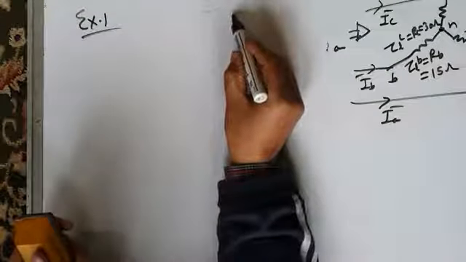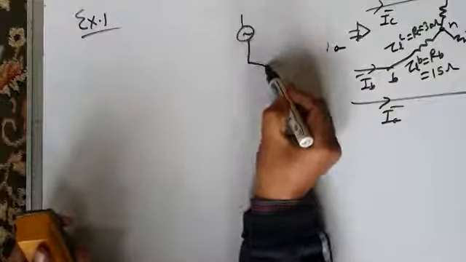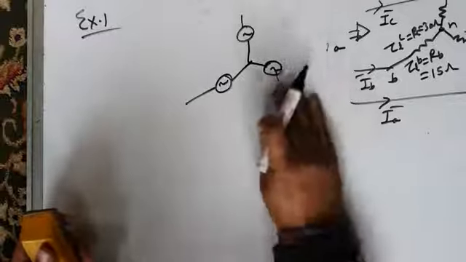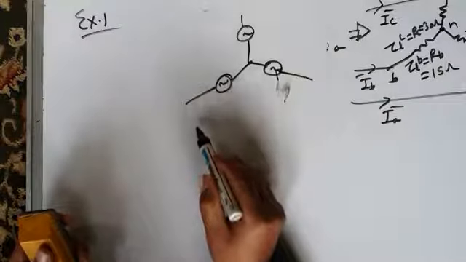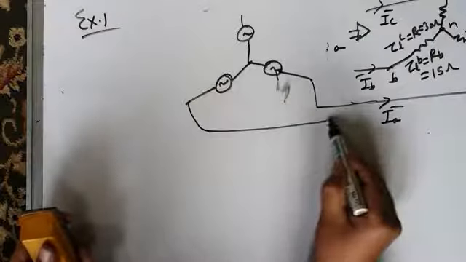Between the neutrals means यहाँ से आपका supply system भी है. You have a supply system on this side, ऐसे, which is also star connected. So they are connected like this.